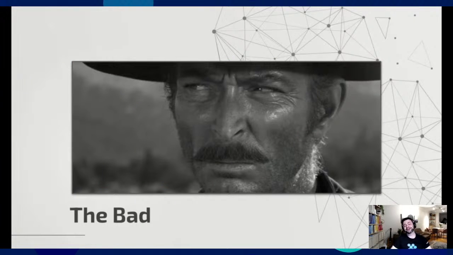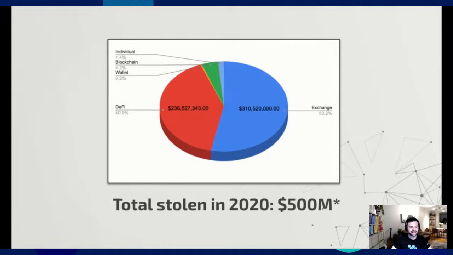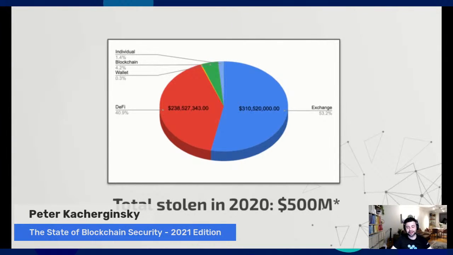So let's first talk about all of the disasters and hacks that are happening on a daily basis. For the last year, I tracked about $500 million worth of loss in a variety of incidents. The number actually is a lot larger.